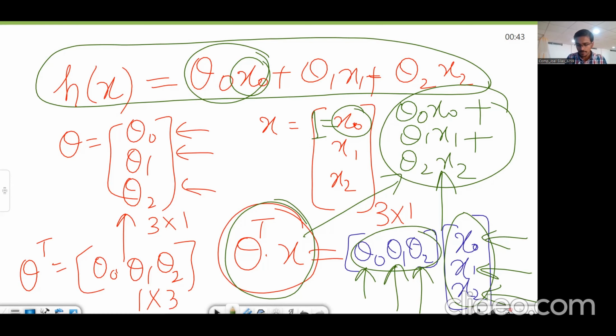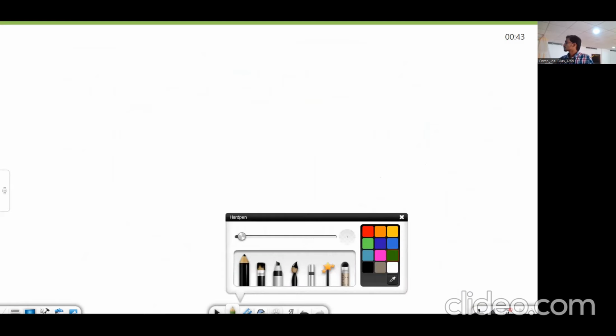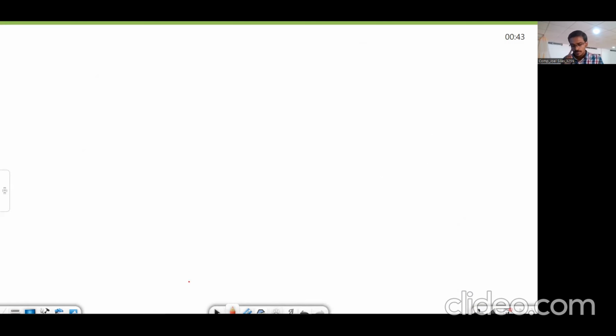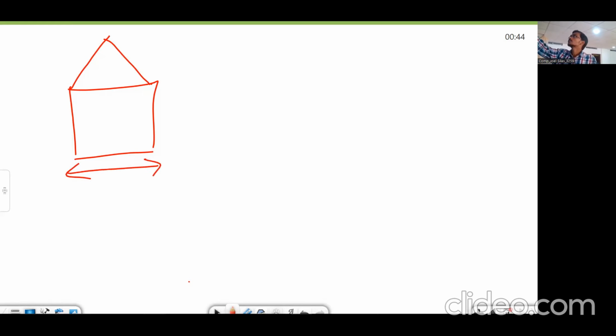Now let us consider a particular example in which we'll see how we can avoid multiple features. Suppose we have the features of a house. Suppose this is a house. Then we have a particular front area.